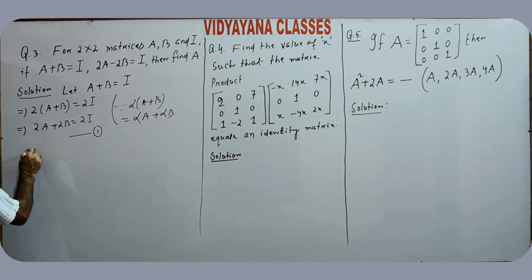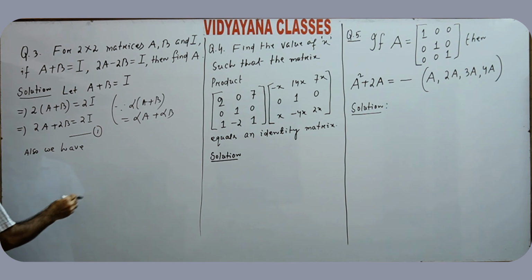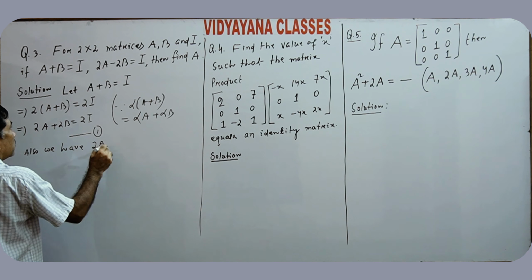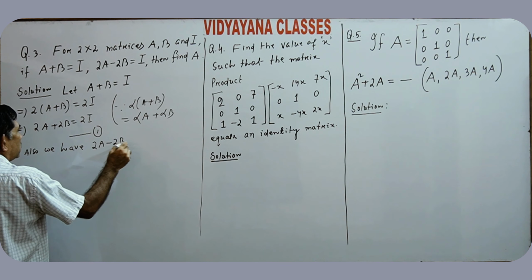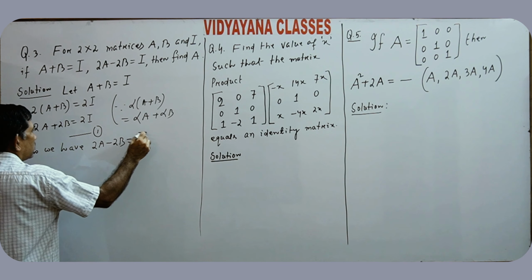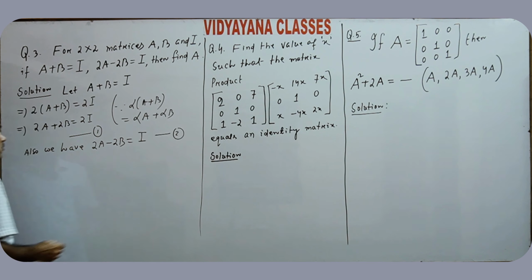Also we have 2A minus 2B is equal to I. It is equation 2.